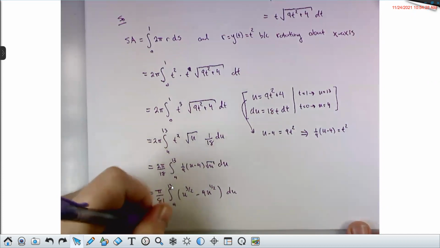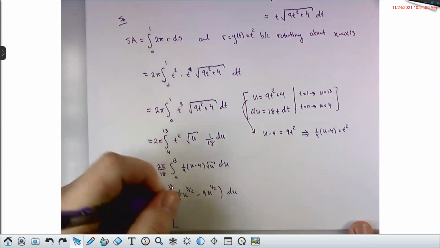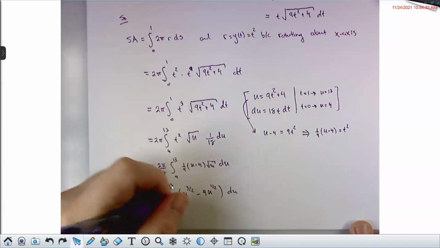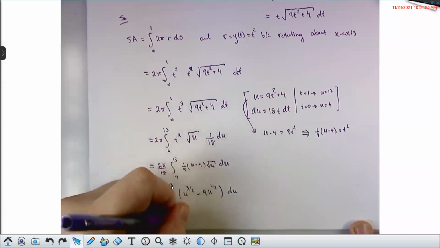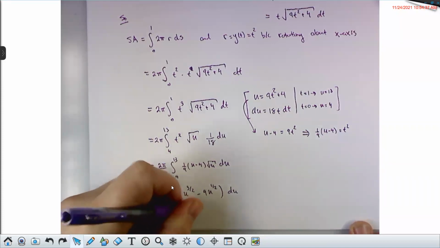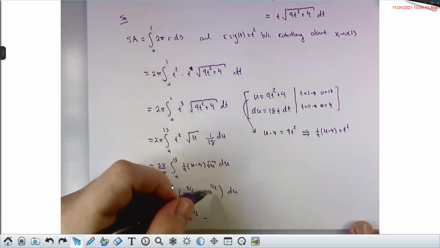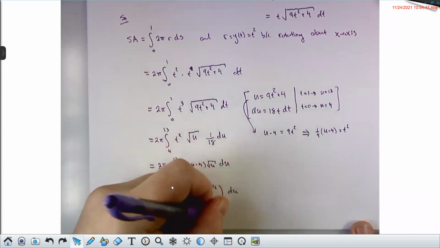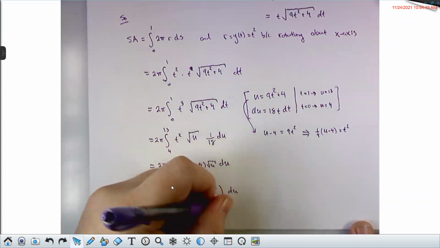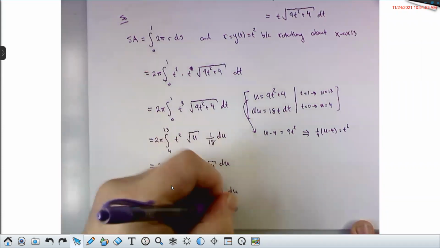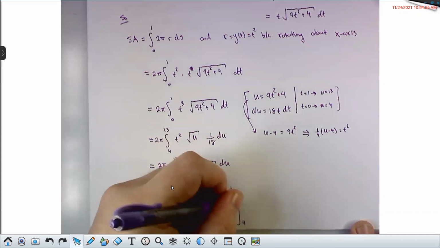I know we're a few minutes over. u to the 3/2 will integrate to 2/5 u to the 5/2, minus u to the 1/2 will integrate to u to the 3/2, so it'll be 2/3. With the 4 there, that's 8/3 u to the 3/2. And we'd have to evaluate this between 4 and 13.